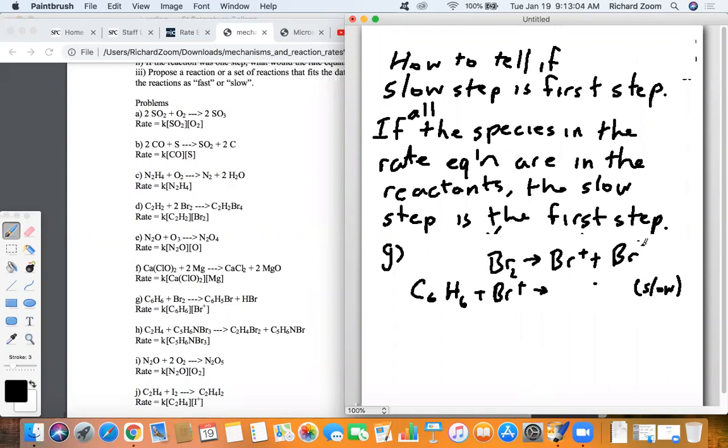A Br minus? Br minus. Yeah, that's a bit tricky, isn't it? See, this has to be balanced not only for atoms, but for charge as well. So plus and minus gives neutral over here. Plus and minus is 0. Br2 is 0 as well.